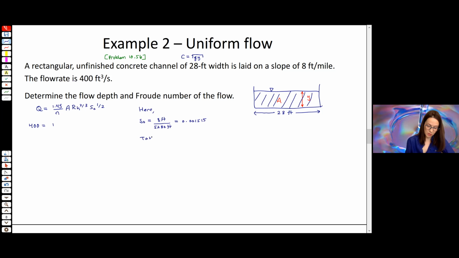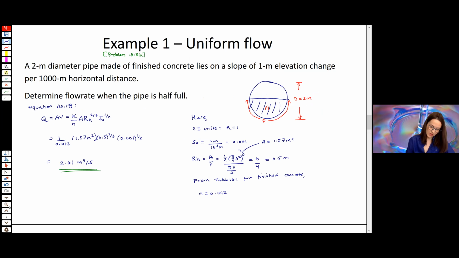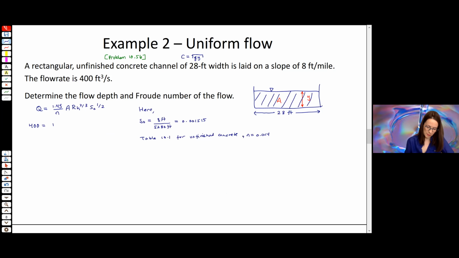We look at table 10.1 again, this time for unfinished concrete, and we find that n is 0.014, not that different from the value in the last example. For finished concrete, our value for n was 0.012.